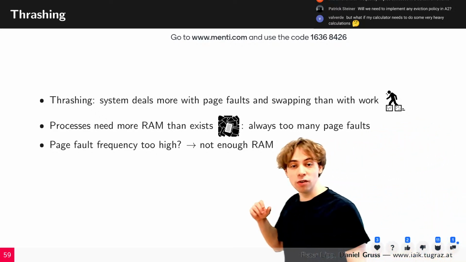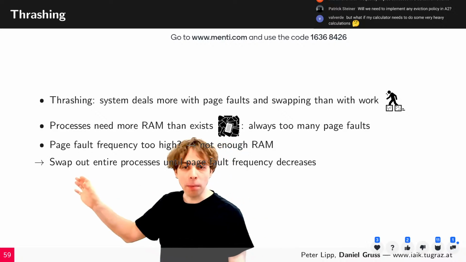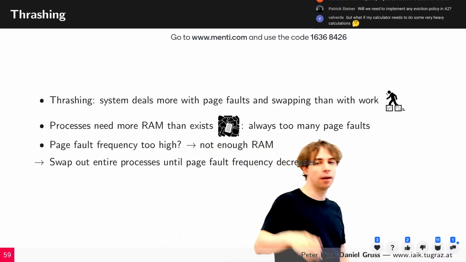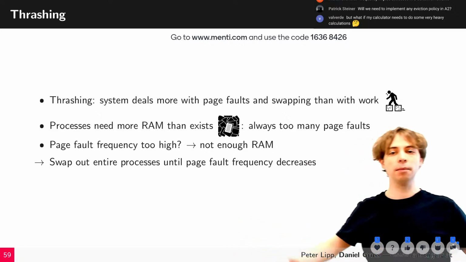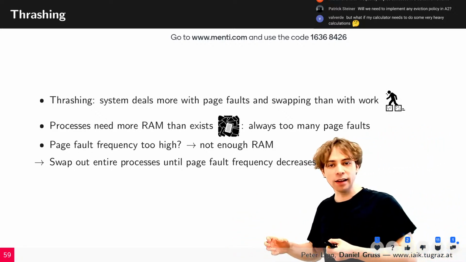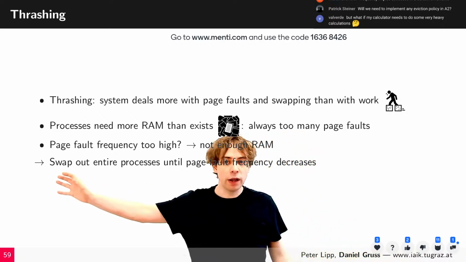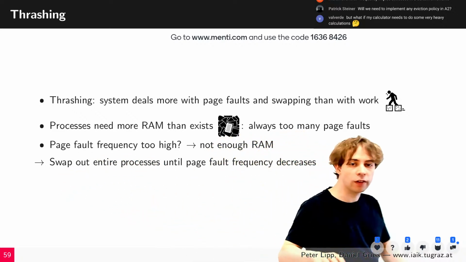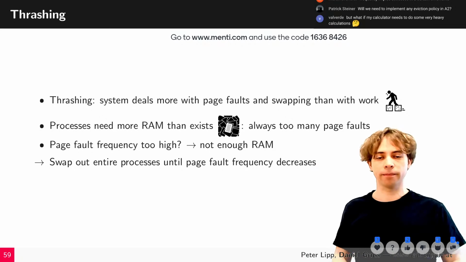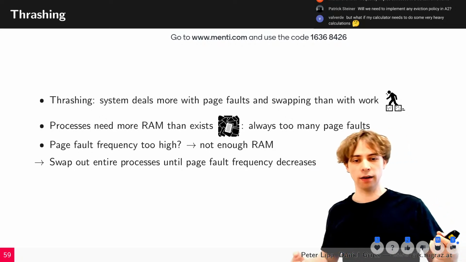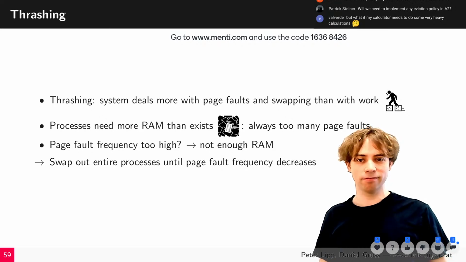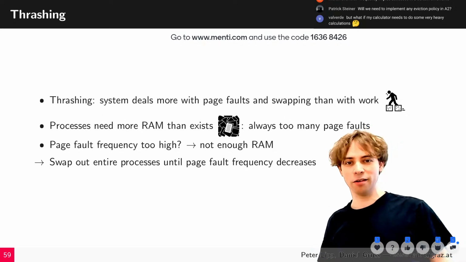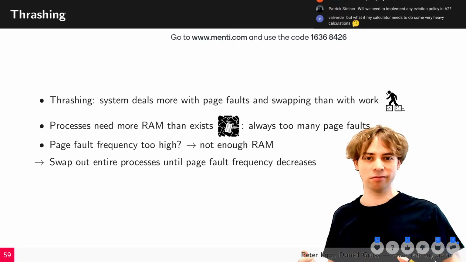Or a solution could be for the operating system to swap out an entire process, because there is not enough memory for all the processes to run at the same time. The system starts thrashing. So what we do instead is we put certain processes to sleep, and then we instead kick out all their pages.